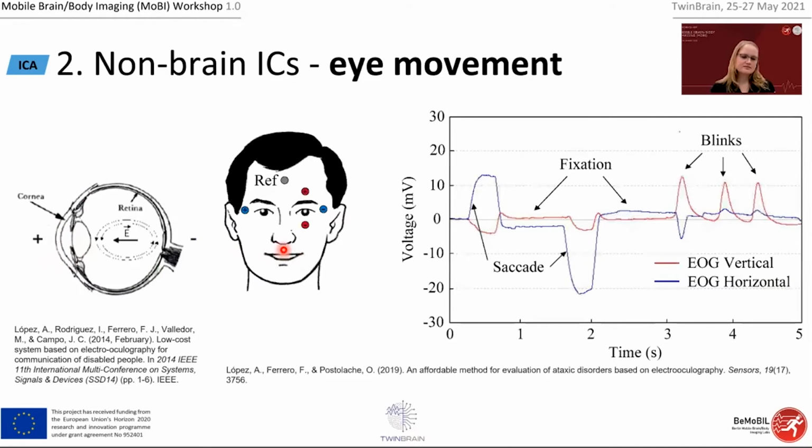That's sensor space for those 4 electrodes. And so we see that if we look to the right and look to the left, we have these rectangular changes in the recording. And if we have blinks, we see this.